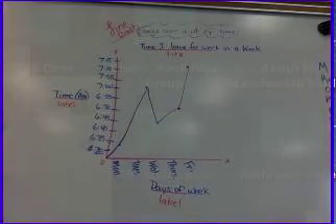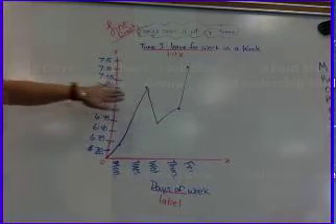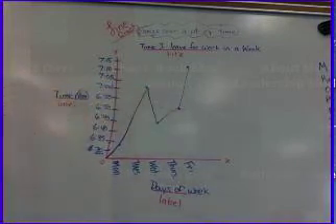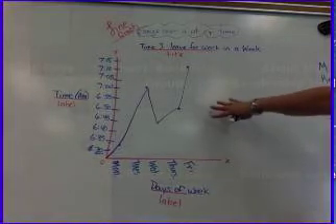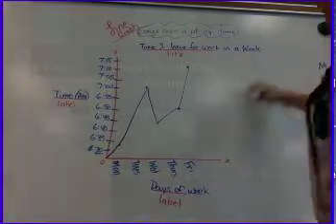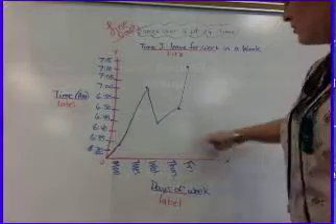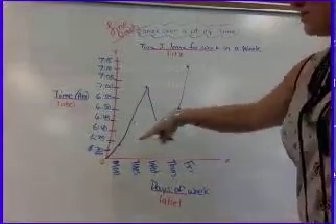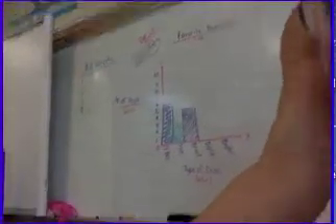On average, I can say, looking at these 3 dots, around 6:55 was my average time for leaving for work. So I can use this data to help me answer questions. Again, it looks exactly like the bar graph except for my intervals and this part of it. Okay, so once we put the data on, it changes things.